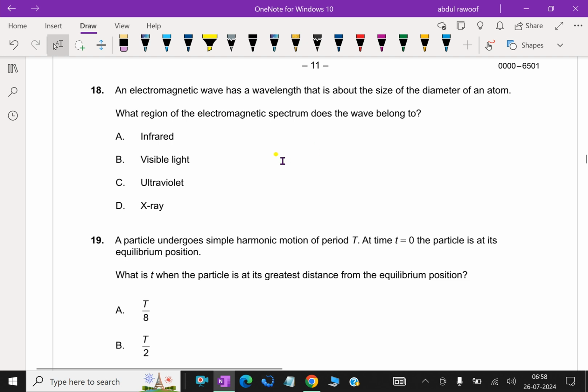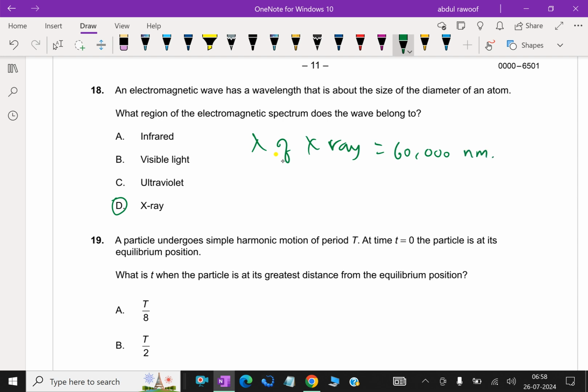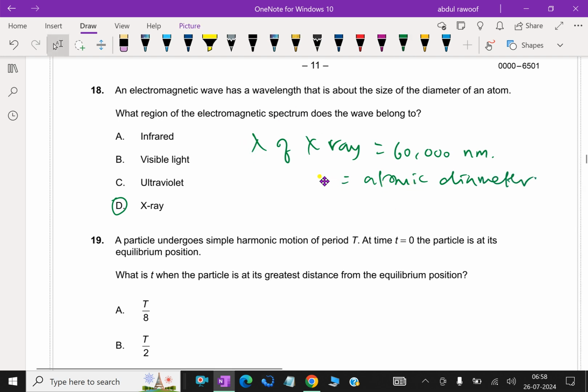Here, X-ray is the correct option, since the wavelength of X-ray is approximately atomic size, it is mostly equal to atomic diameter. So the option X-ray is the answer here.